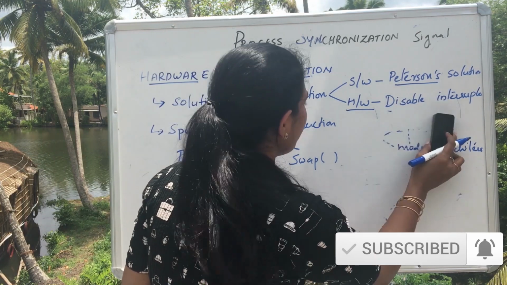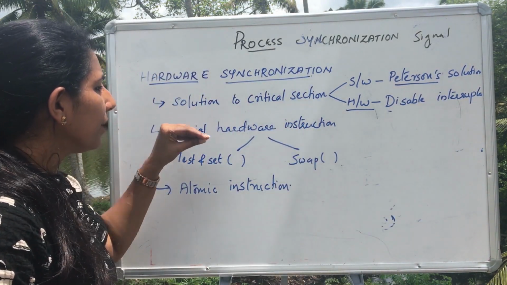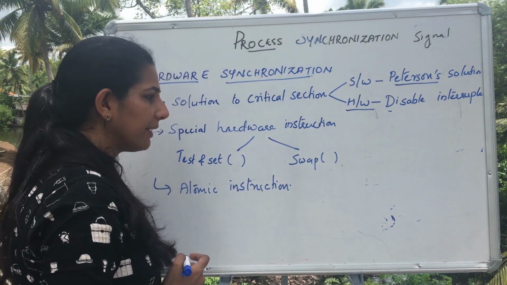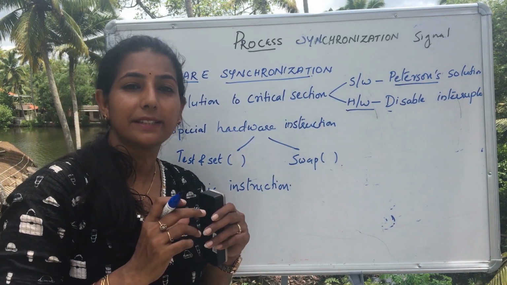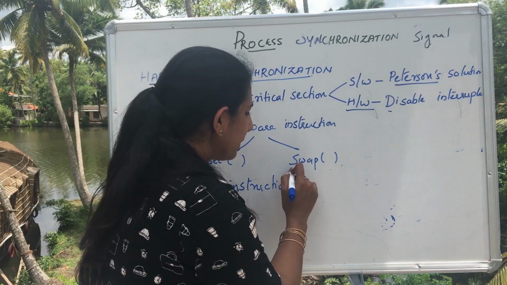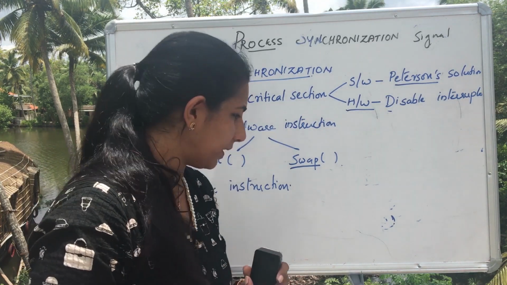So we will go for a hardware synchronization method, where we use special hardware instructions. There are two special hardware instructions we use. The first one is test and set. That means it tests and then modifies the content of a word. Another hardware instruction is swap, which swaps the contents of two words.